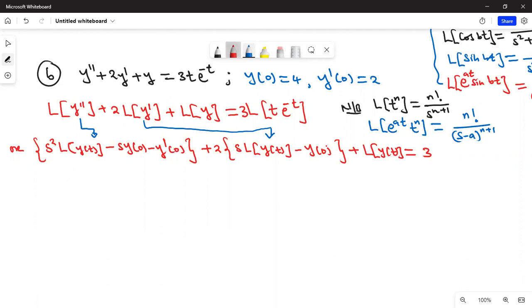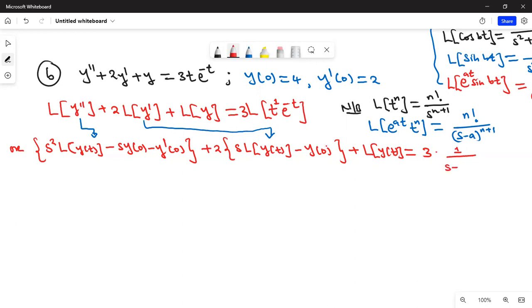So that on the right hand side, our a is negative 1 and our n is 1. Look at t raised to 1 and exponential negative t. So put a is negative 1 and put n is 1. So this will give us 1 factorial, which is simply 1, over s minus a.